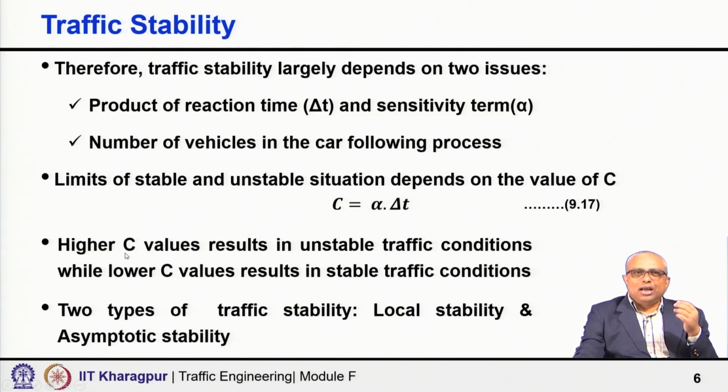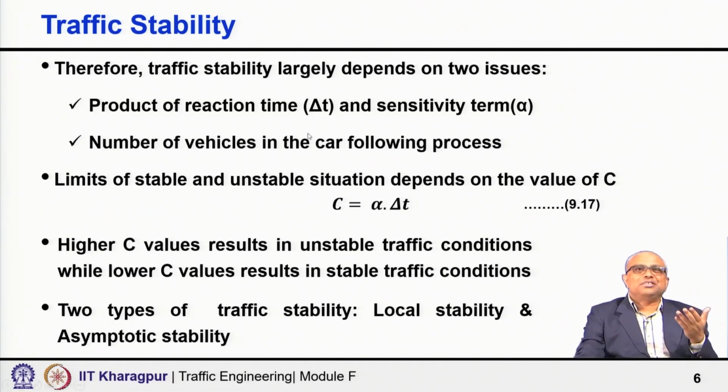Higher C values are more likely to mean unstable traffic conditions, and lower C values result in stable traffic conditions. Reaction time and sensitivity both are important, so it is logical to consider their product.